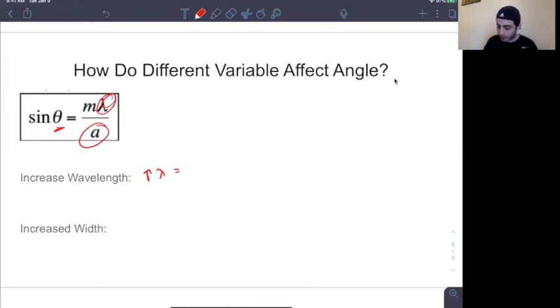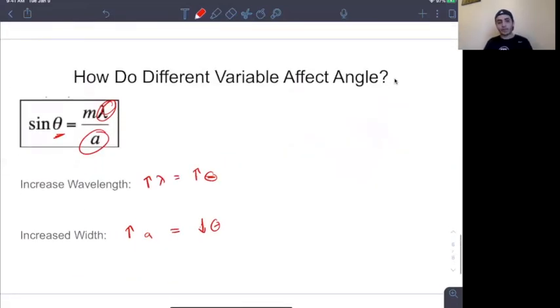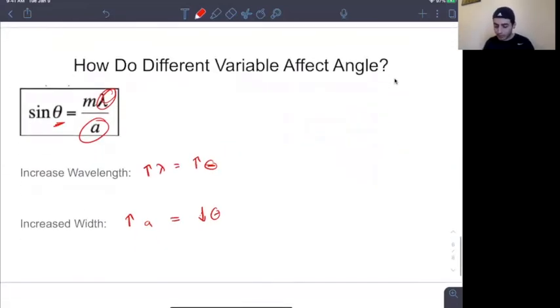And if we have an increase in width, what will that do to the angle? If we increase the wavelength, we increase the angle. If we increase the width, we're actually decreasing the angle. So the wider this gets, the smaller this angle is. If we increase the wavelength, it has the opposite effect. It increases this angle.